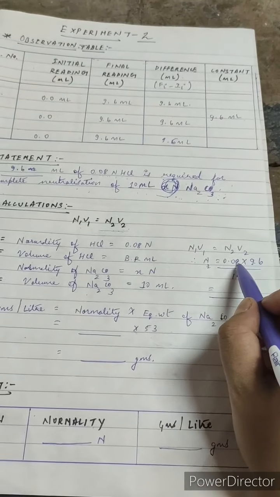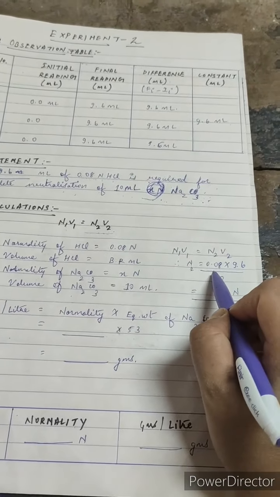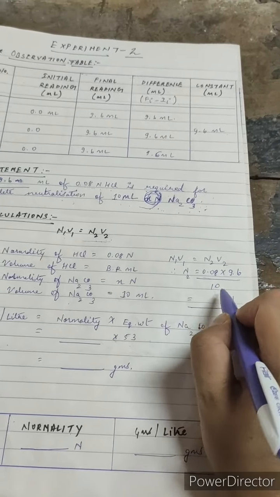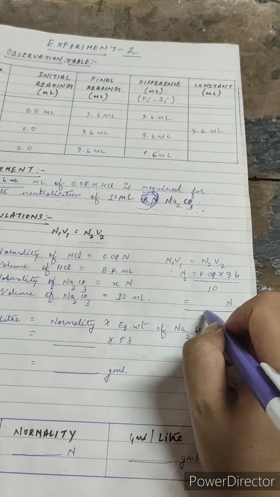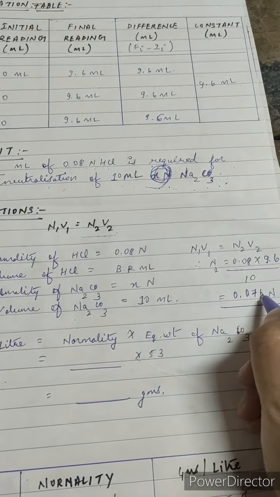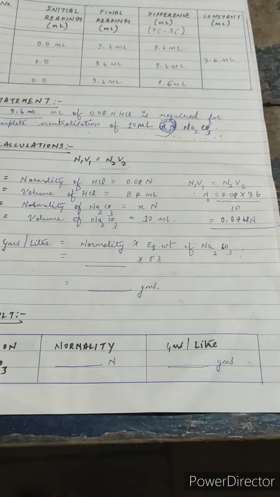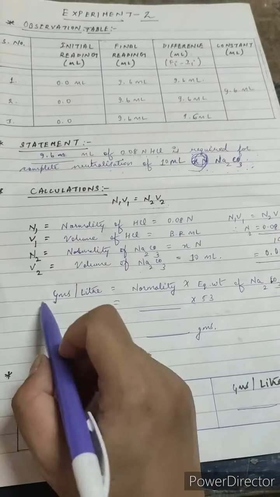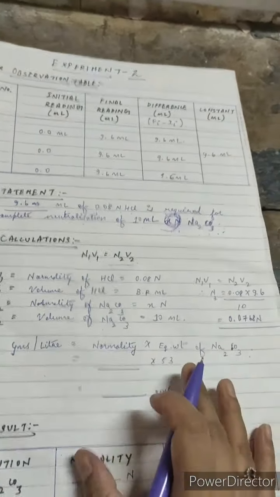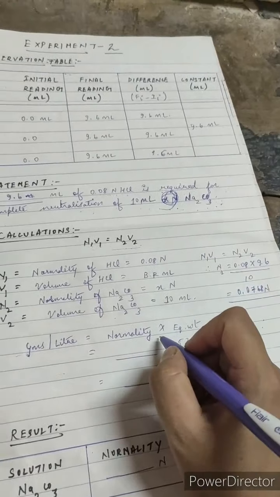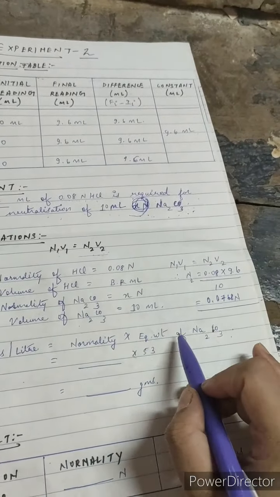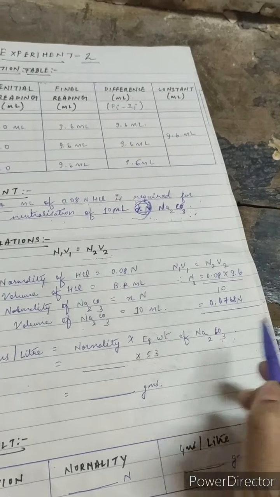We know the normality of HCl, that's this much. 9.6 is our burette reading. Divide by 10 through cross multiplication, we will get 0.0768. Now, how much amount of sodium carbonate is dissolved in 1 liter of distilled water? To know that, we'll multiply the normality with the equivalent weight of sodium carbonate.